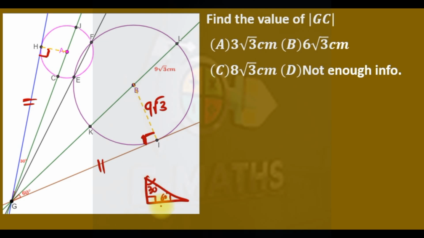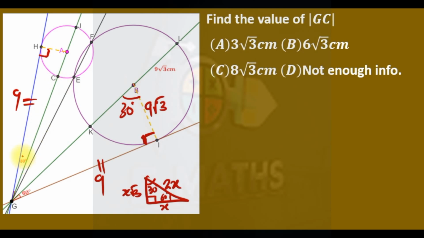The side opposite 30, if we say it is x, the side opposite 60 will be x times √3. And we also know the hypotenuse, which is 2x, the one opposite 90. So from here, the one opposite 60 is 9√3, the one opposite 30 will be 9. And I told you the two tangent lengths are congruent, so this is also 9.